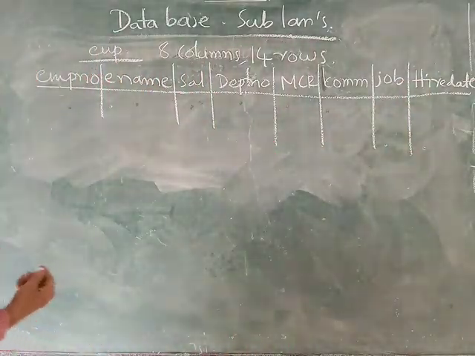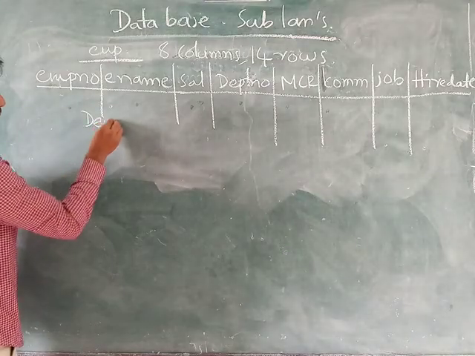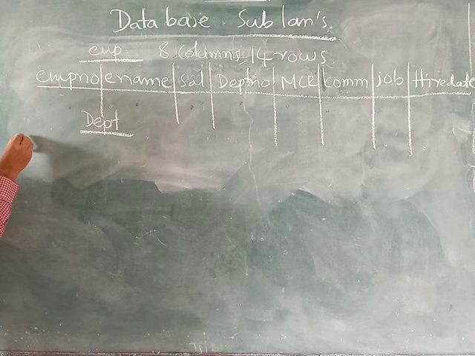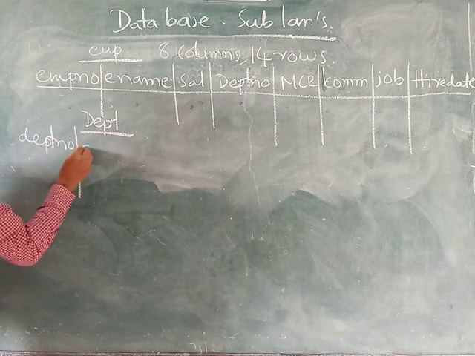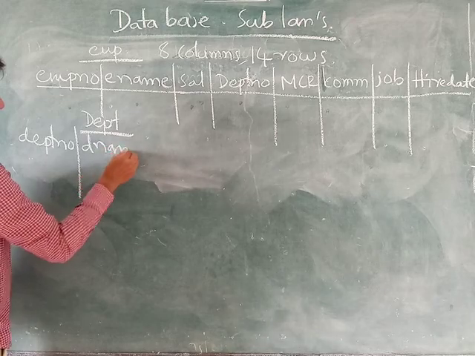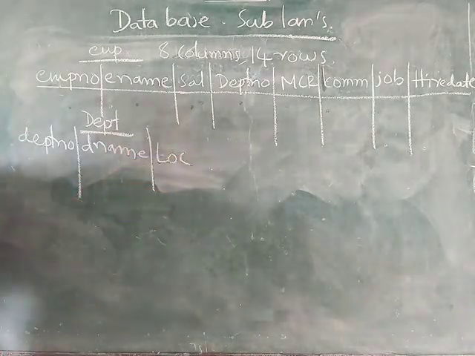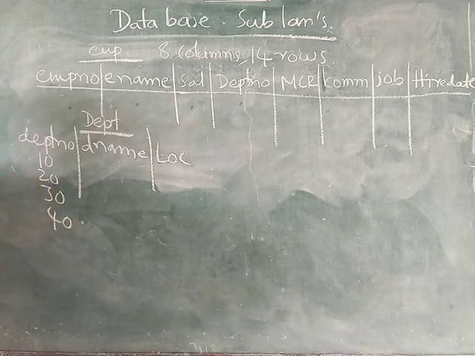If you come to the department table, by default there are 3 columns: department number, department name, and location. In the department table, 10, 20, 30, 40 are the department numbers.